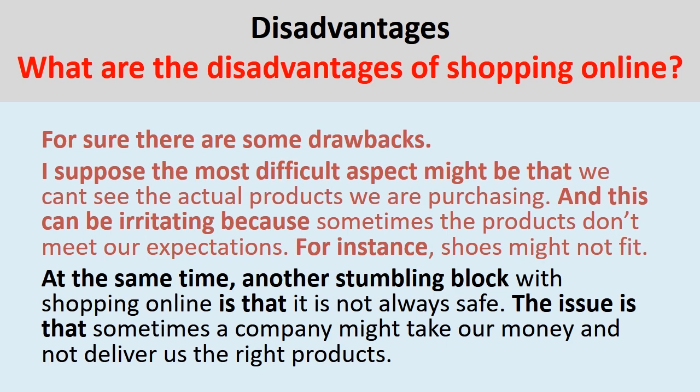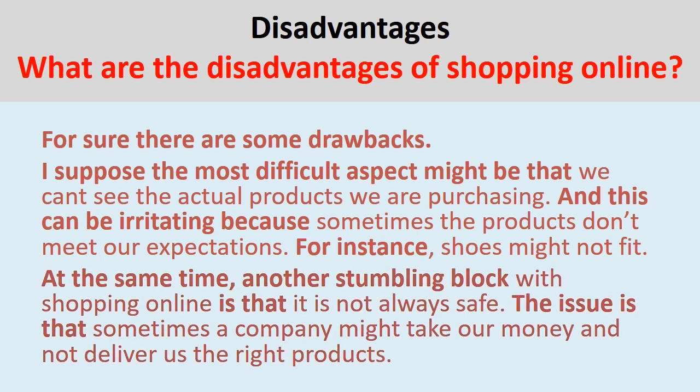Second idea. At the same time, another stumbling block with shopping online is that it is not always safe. The issue is that sometimes a company might take our money and not deliver us the right products.